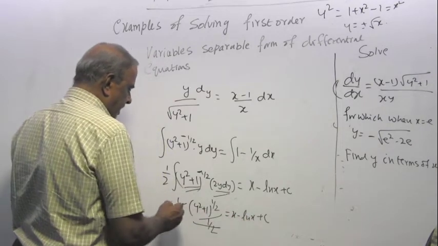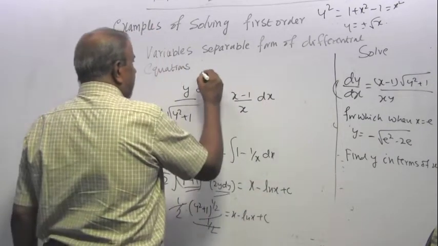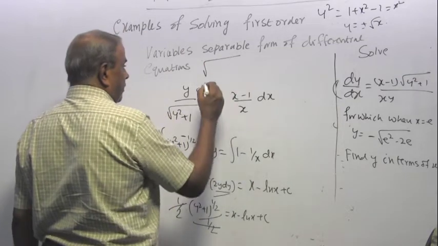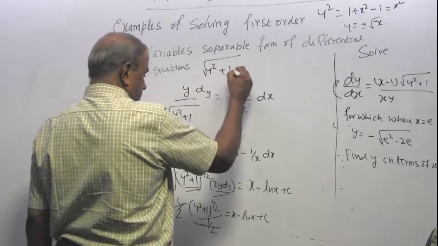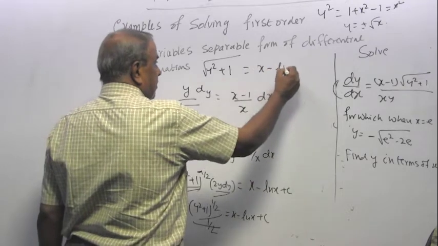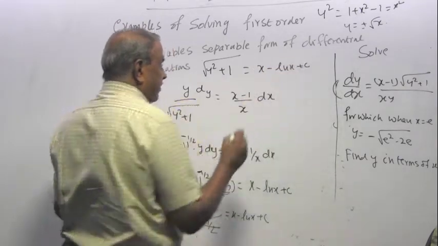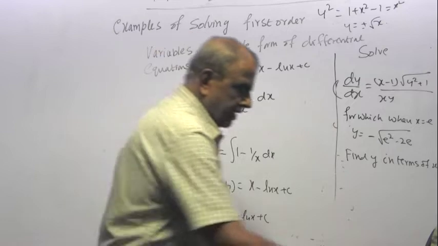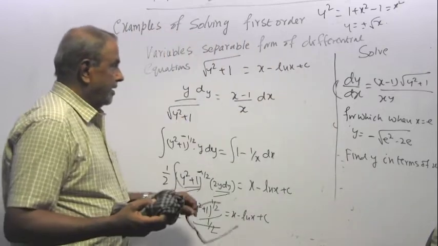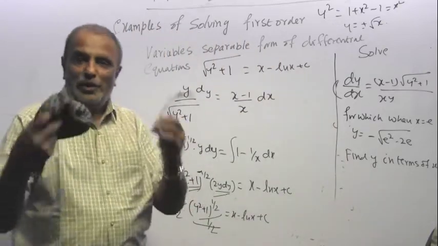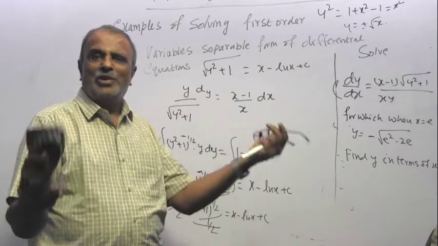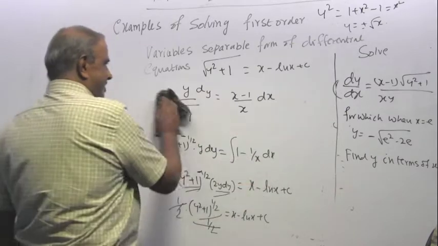I can cancel the halves. So I get the answer as root of y squared plus 1 equal to x minus ln x plus c. Indirectly, we again revise methods of integration.